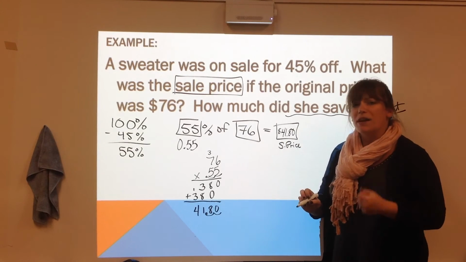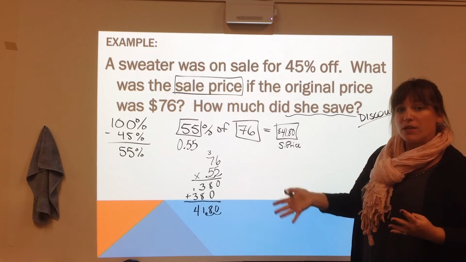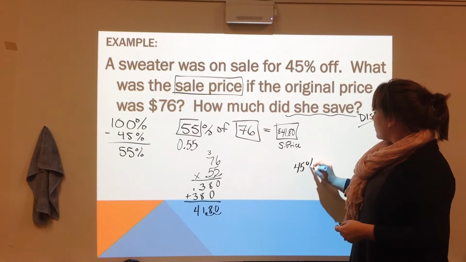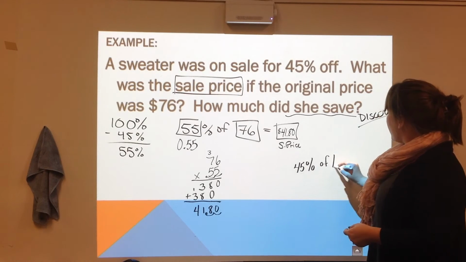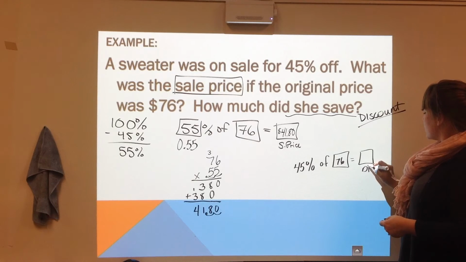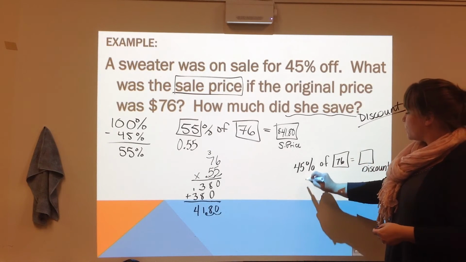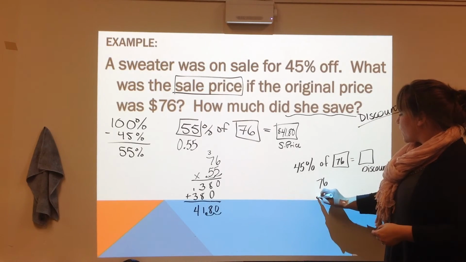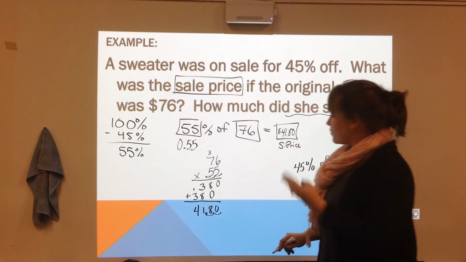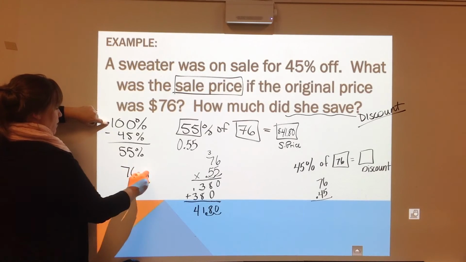But we're also asked to find how much did she save. Well, there's a couple of things to do. We could take the 45% and find that discount by doing the skeleton again. So that would just be 76 times 45 hundredths. Or we could realize, hey, 100% of it is $76.